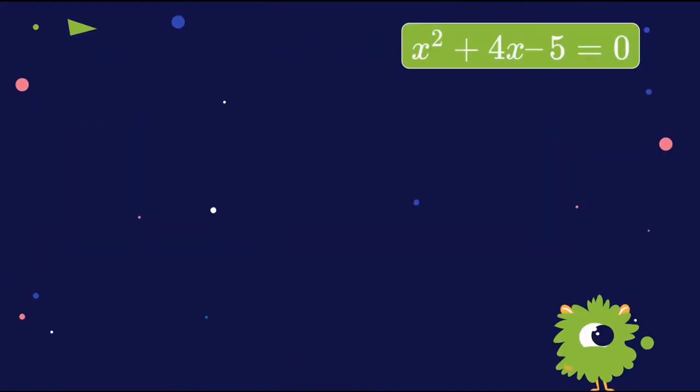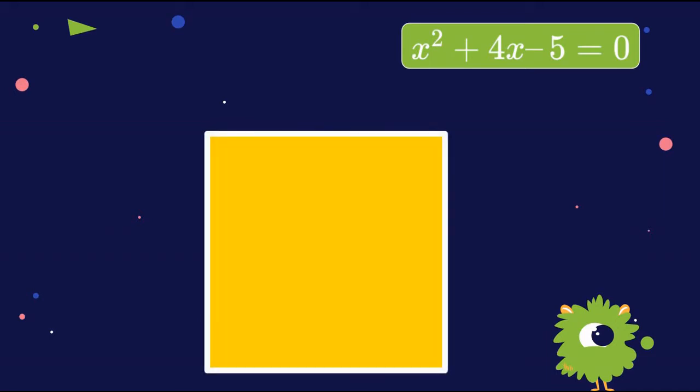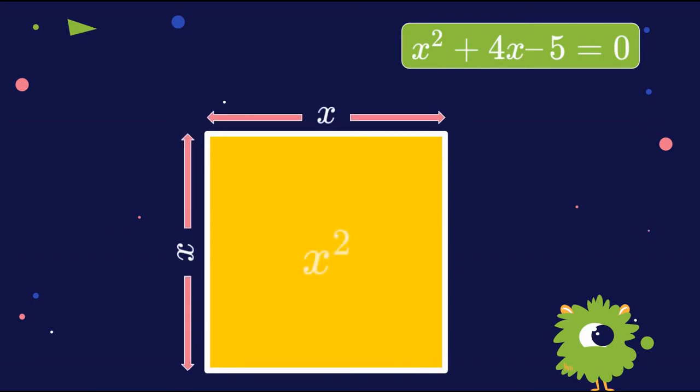Now let us take this equation itself, which is x square plus 4x minus 5 is equal to 0, and let's try to visualize this method. This is going to be really interesting. First of all, let's take a square with each side being x. Obviously, the area of the square would be x square.